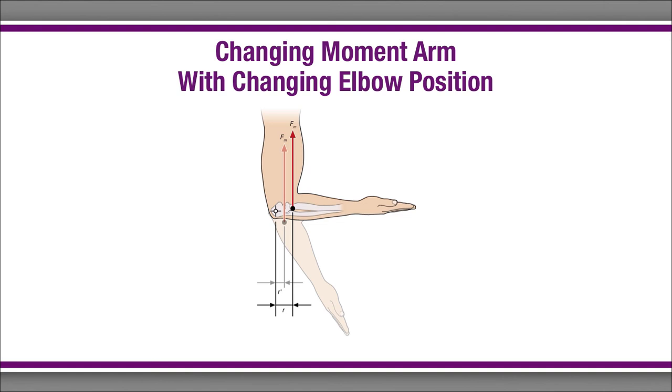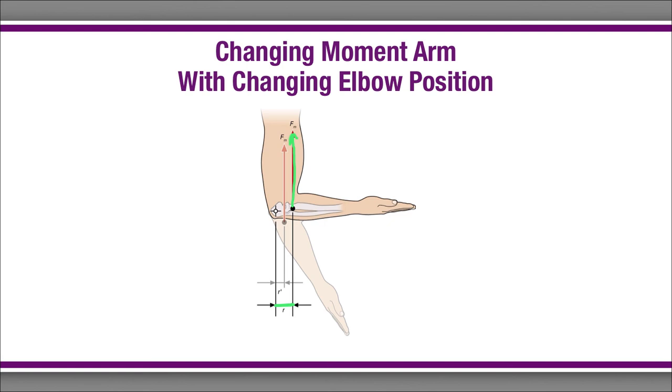We can see this depiction here because the line of action of force is what changes in order for this moment arm to decrease. So when our elbow is at 90 degrees, we have the force line of action being applied to flex the elbow here. So this is our moment arm length.